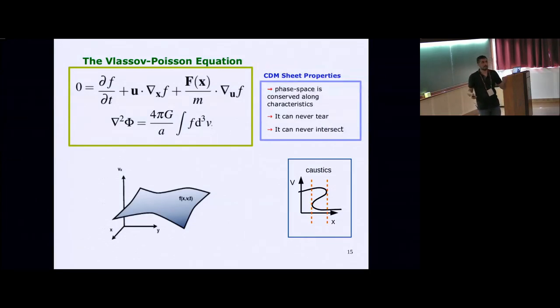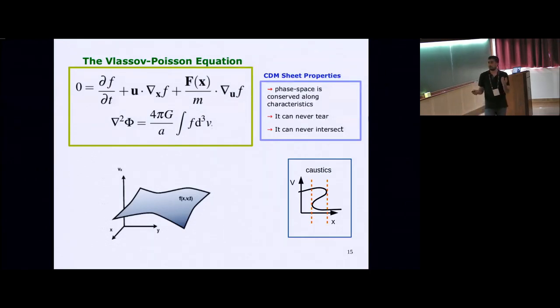And you can imagine now that dark matter, because it's cold, let's start with a simpler case. It's 2+1 dimensions, 2 positions and 1 velocity. And the dark matter occupies a submanifold within this larger space, because at a given position, x and y, you can only have one velocity. That is what being cold means.